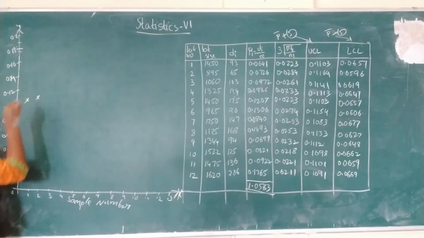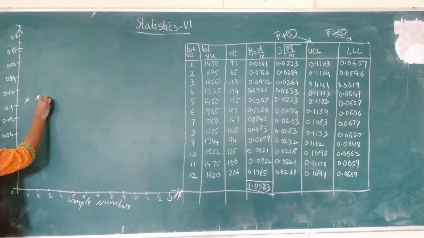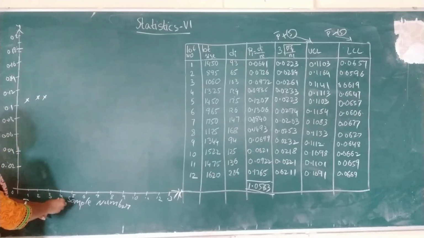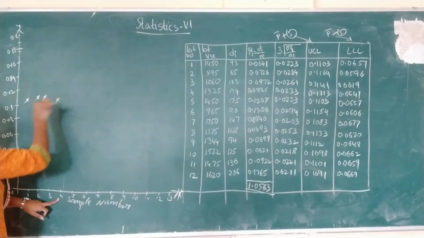Just show a little bit of difference, not much. Next, 0.114. Next, for the fourth sample, also 0.111. So exactly at 0.1 you can write.